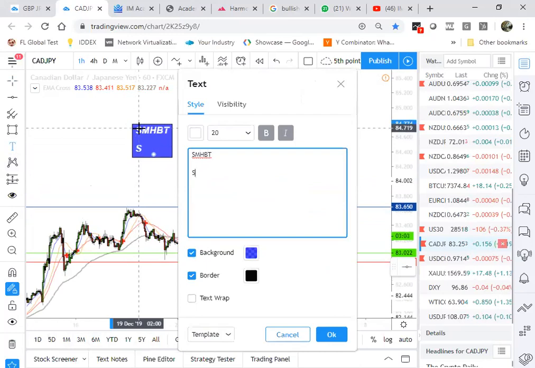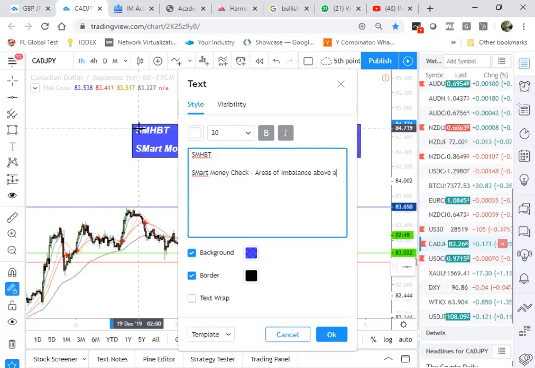The first check is a smart money check. So the key things that we check is areas of imbalance above and below the scan, the pattern.